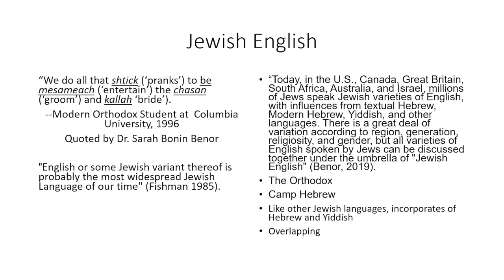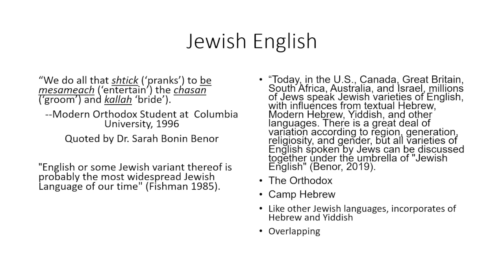Dr. Sarah Bunin Benor at Hebrew Union College in Los Angeles has documented this pretty extensively, and this is one of the quotes that she has added to the research. I particularly love this because only a Jewish person could say this, and really only a Jewish person could understand it.